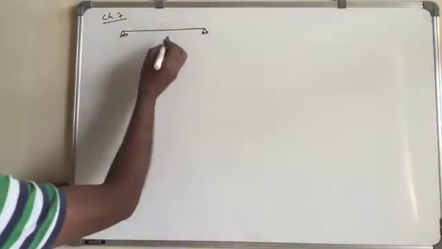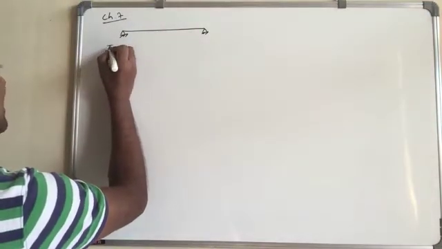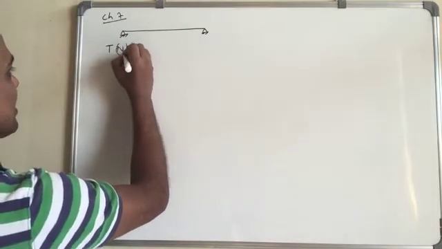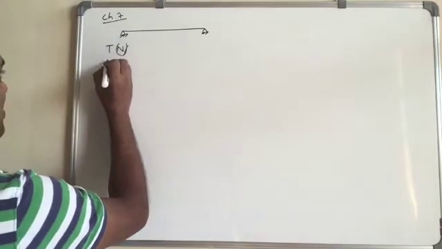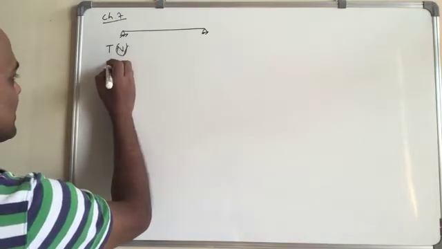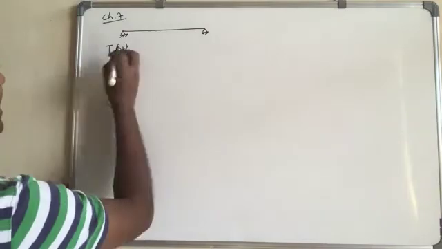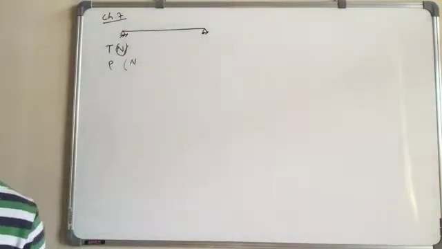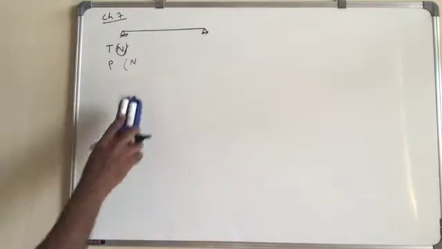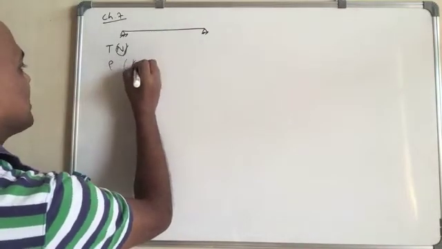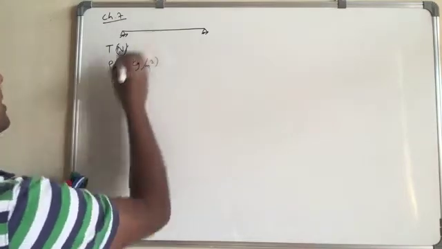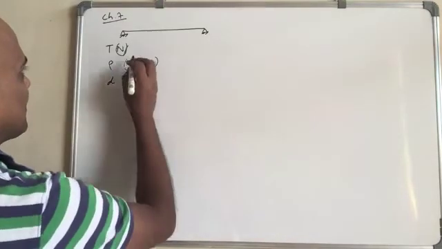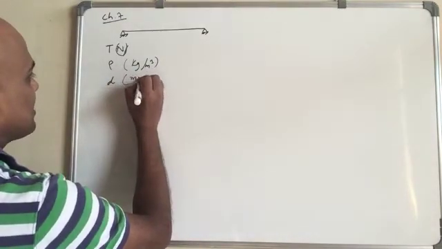What I gave was the tension, with the value in newtons. Then the material property, rho, in kg per meter cubed, and the diameter d, in millimeters or centimeters, whatever.